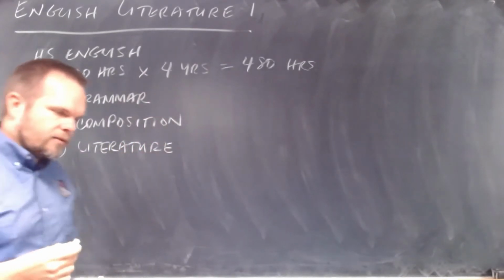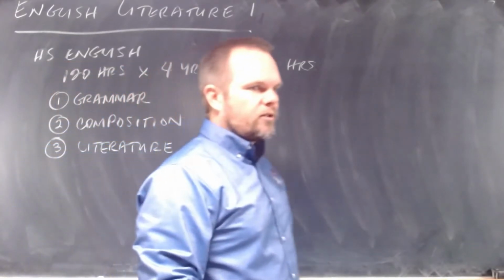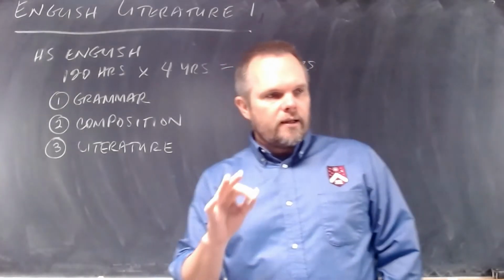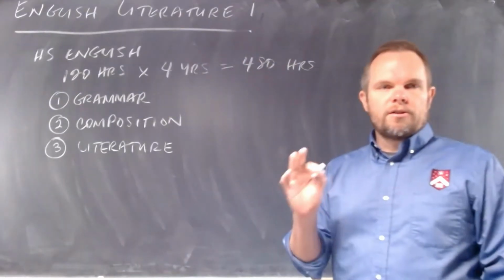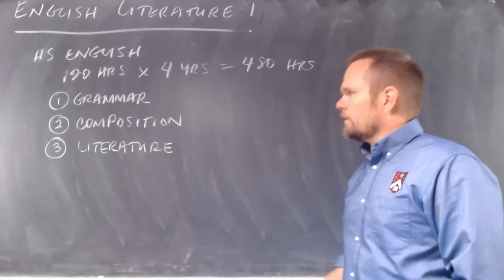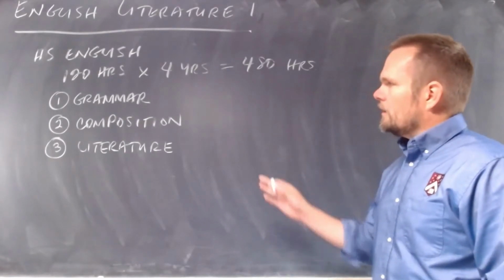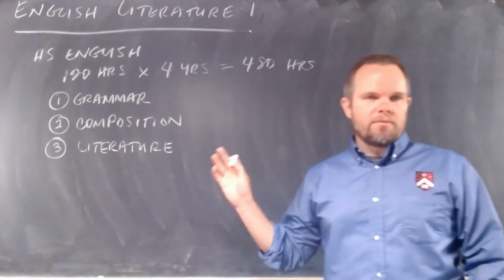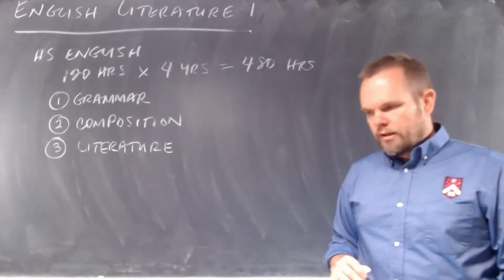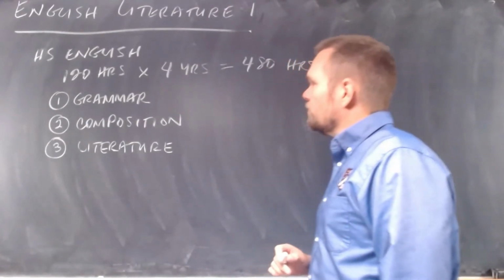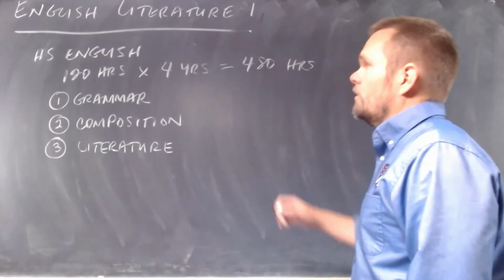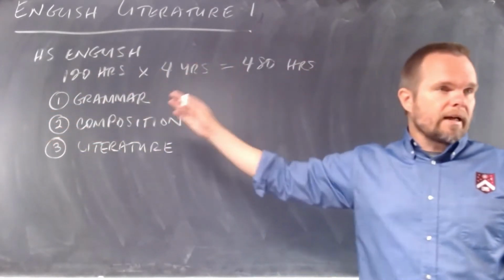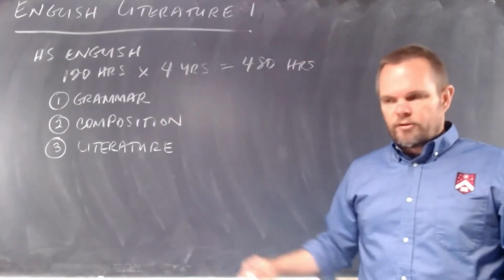So anytime we talk about high school English, we're talking about these 3 subjects: English grammar, English composition, and English literature. That's what we mean by English in high school English. And it's one of the 5 subjects that's required for a high school diploma. All right? So anytime we say English in high school studies, we're talking about grammar, composition, and literature.